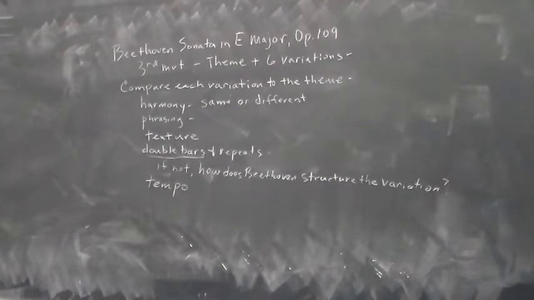It's just moving up primarily by step. Look for that in some of the variations. He's going to continue. When you get to the second variation, you can find that. All right, first variation, he just basically is going to embellish the melody. And it's kind of like a waltz bass in the left hand.